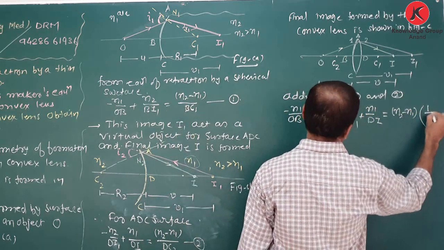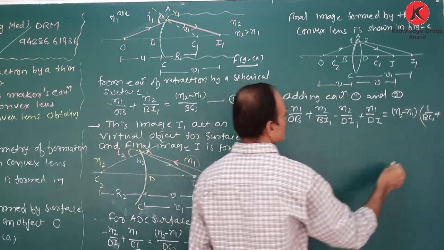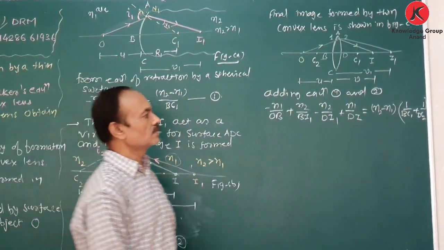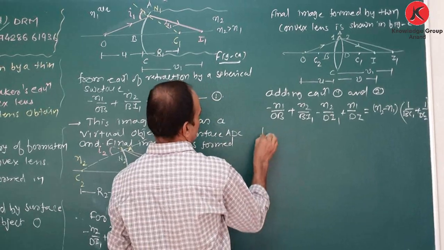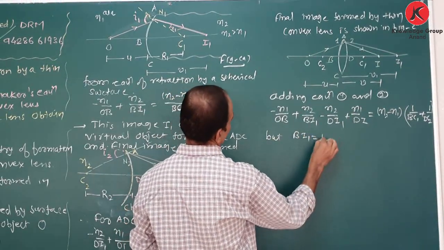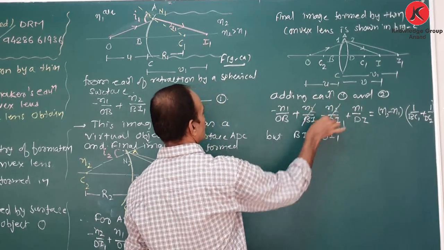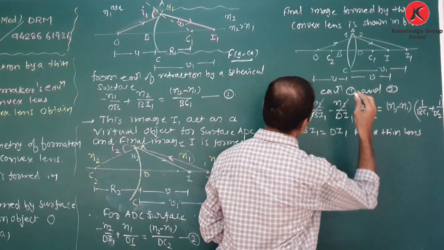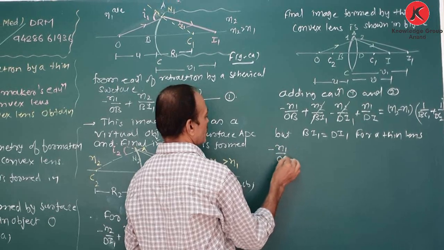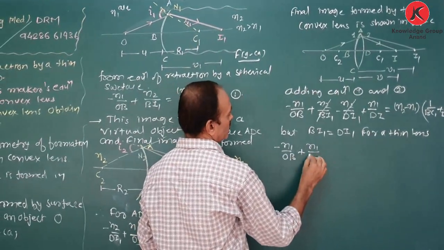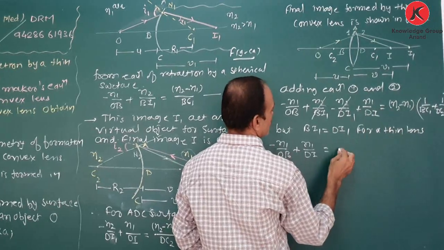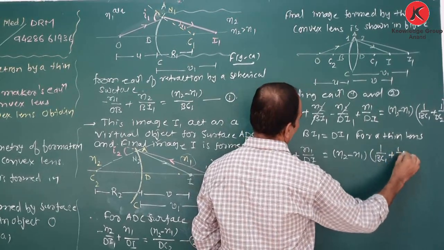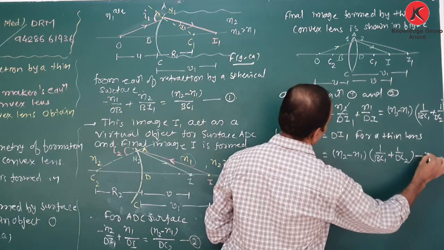Remaining is 1 upon BC1 plus 1 upon BC2. But BI1 is the same as DI1. Therefore, these two cancel for a thin lens. Therefore, minus N1 upon OB plus N1 upon DI is equal to N2 minus N1 into 1 upon BC1 plus 1 upon BC2. This is the expression.